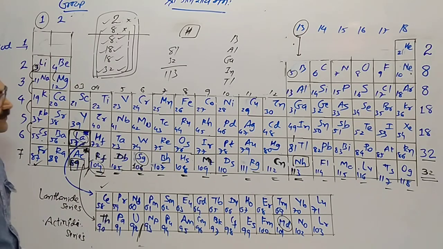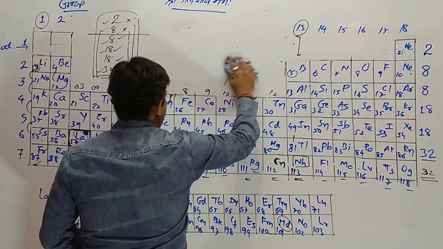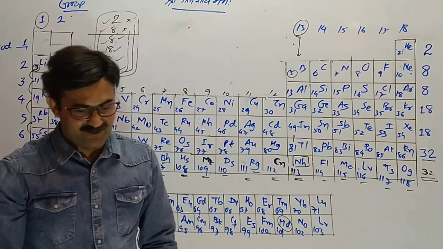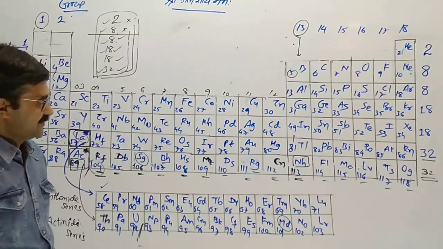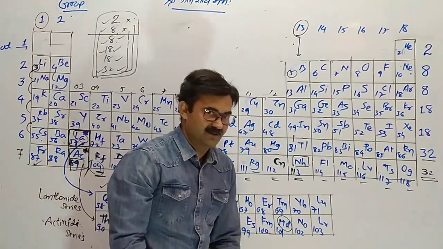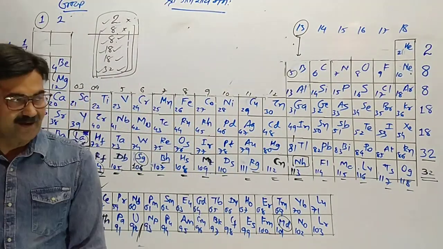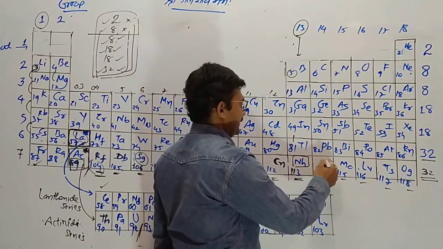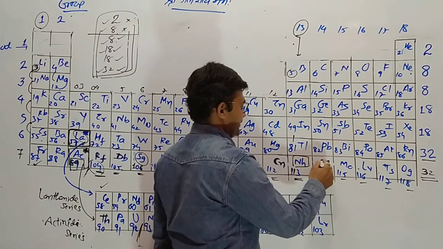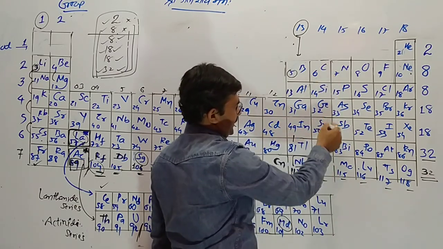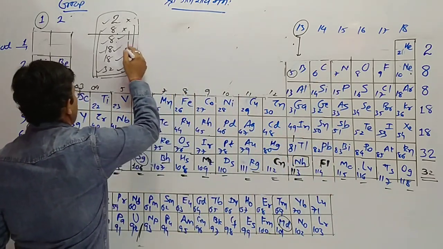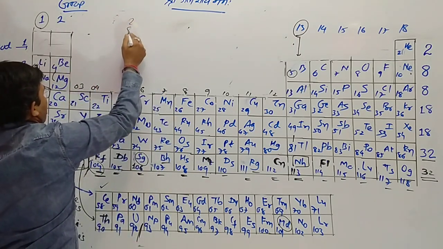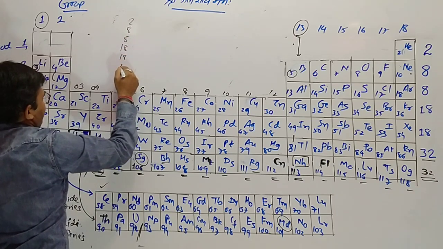Now group number 14 was also discussed in our last lecture. I told you to treat it in our mother tongue: carbon, silicon, germanium, tin and lead. Here Fl is artificial, so natural elements are 5. So the code should be 4: 2, 8, 8, 18, 18, 32.